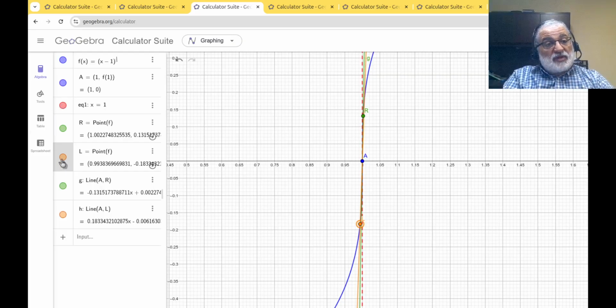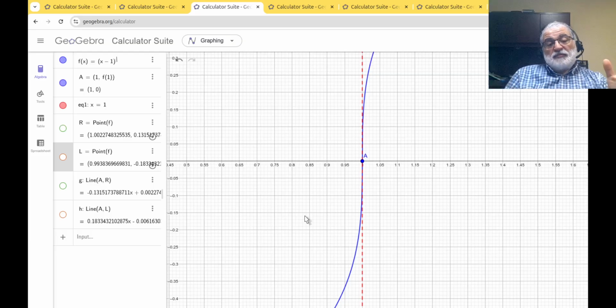I'm going to remove the two other lines so you can see the tangent. Now this is the tangent. It is a vertical line, and the slope of a vertical line is undefined. And this is why that's another case where the derivative doesn't exist.